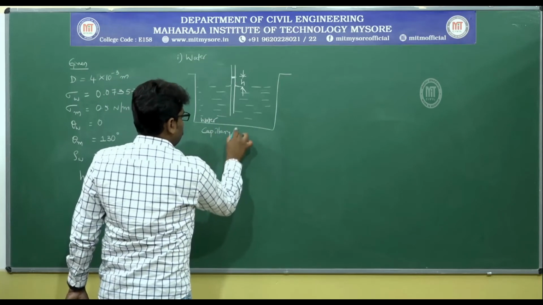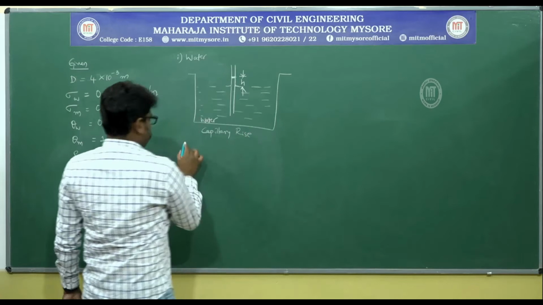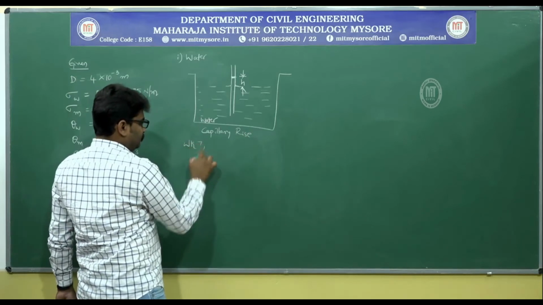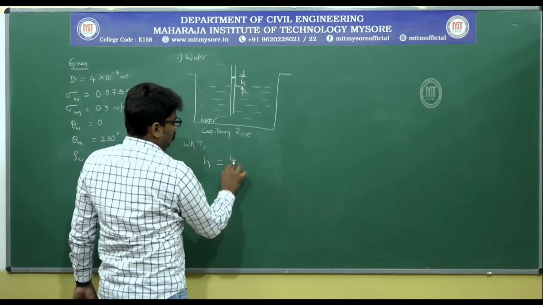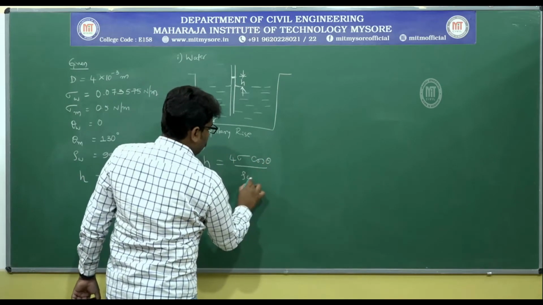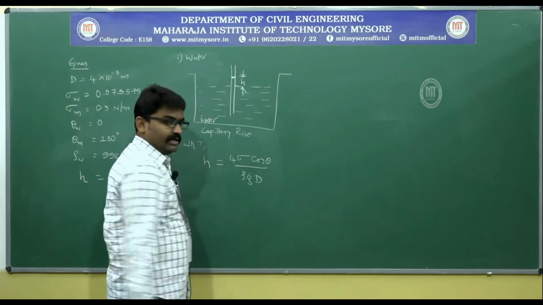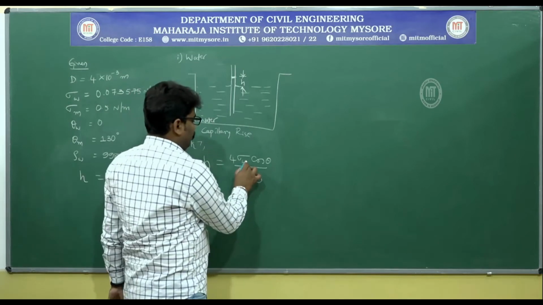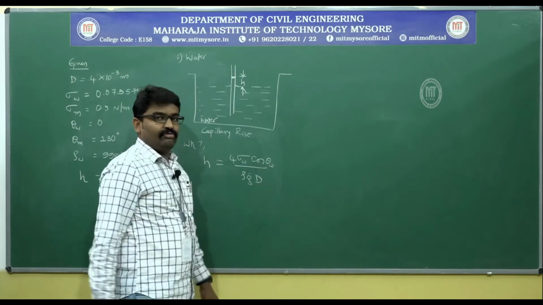capillary rise. We know that H is equal to 4 sigma cos theta by rho g d. Sigma of water, theta of water.